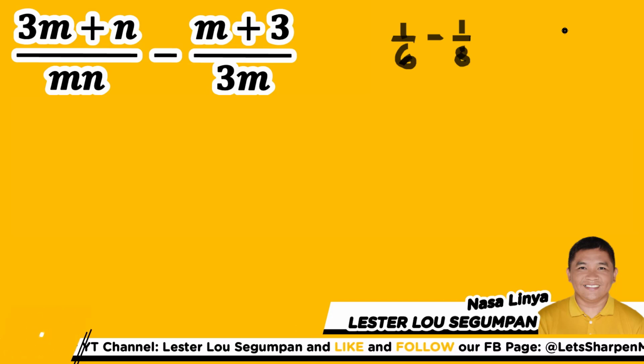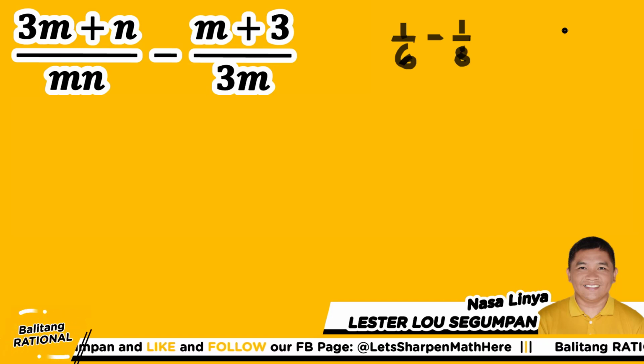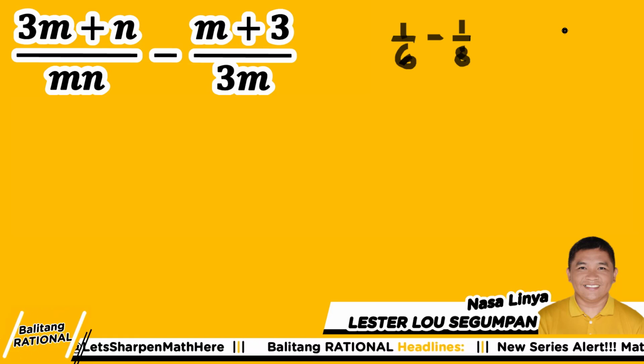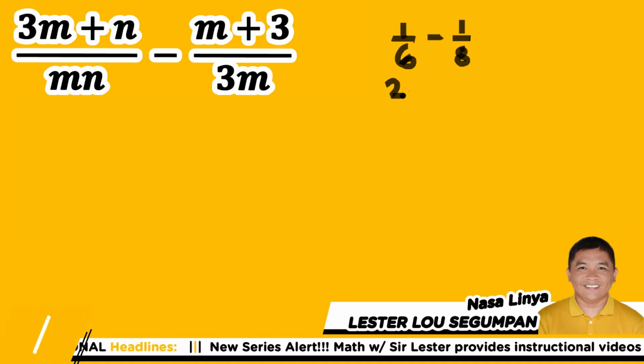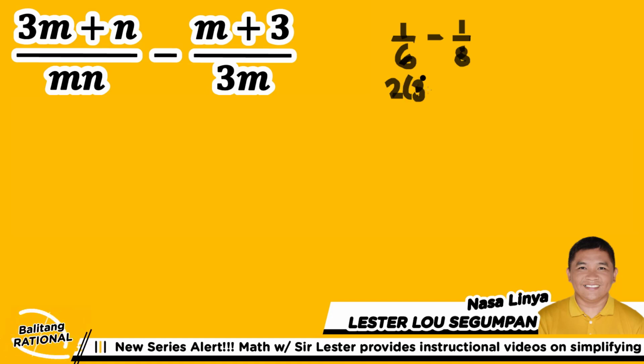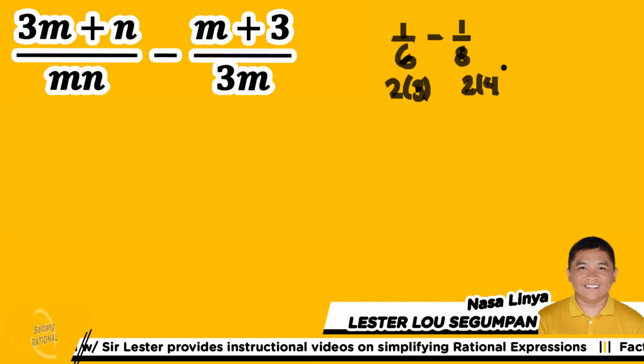The LCD here po, you can try 48. That's 6 times 8. But it's too large po kasi nga po may isa pang number mas least sa kanila, or lesser than 48. We can do that by looking at the relationship of 6 being 2 times 3, and our 8 is 2 times 4.